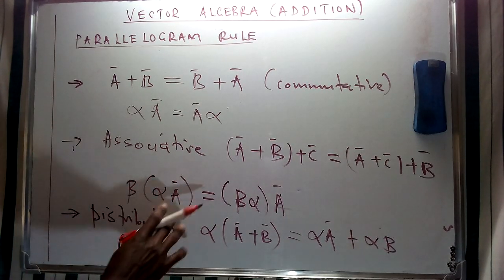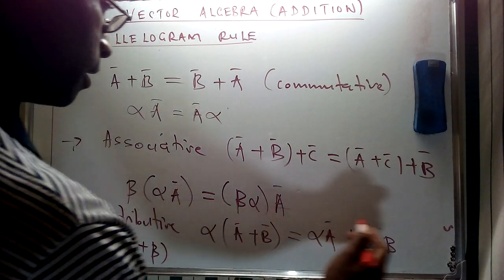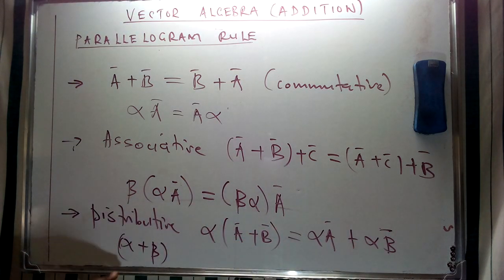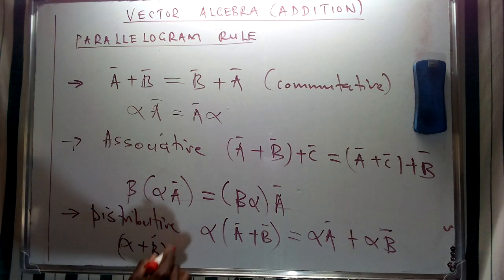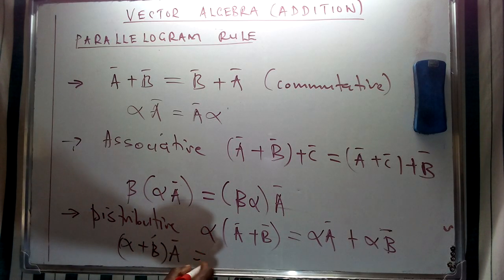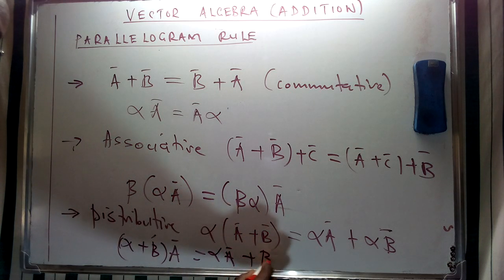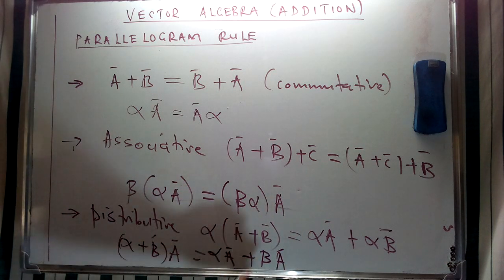Now basically this beta was for the distributive law, so alpha plus beta times vector A can be given as alpha A plus beta A.